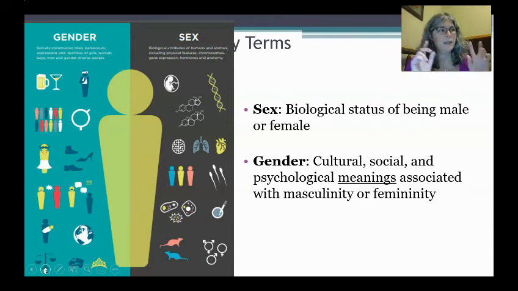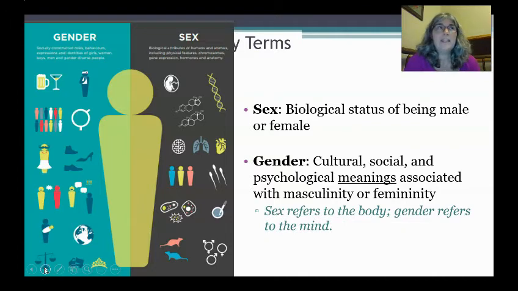Gender is the labels, the traits, the connotations that society attributes to your sex. So what does it mean to be male or female? What is masculinity? What is femininity? Those things are cultural. Those things can change over time. Those things can change based upon the region of the globe that you're living in. So I think that this is a good way of thinking about it. Sex refers to the body. Gender refers to the mind.